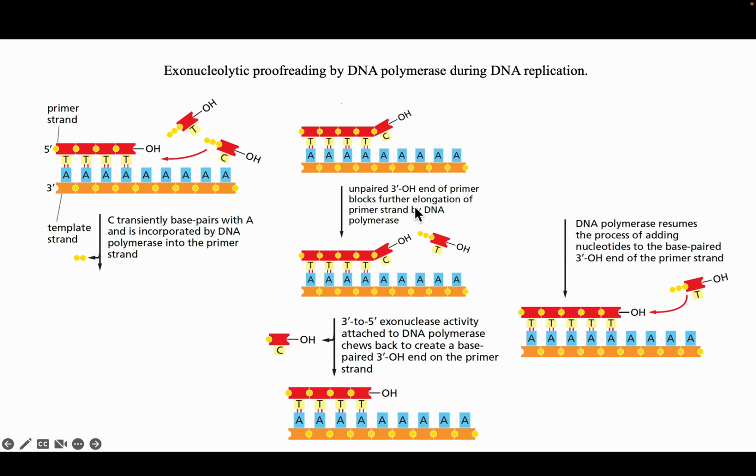The end of the primer blocks further elongation of the primer strand by DNA polymerase. The 3' to 5' exonuclease activity attached to DNA polymerase chews back to create a base-paired 3' OH on the primer strand. Then DNA polymerase resumes by adding thymine, which base pairs with the template.